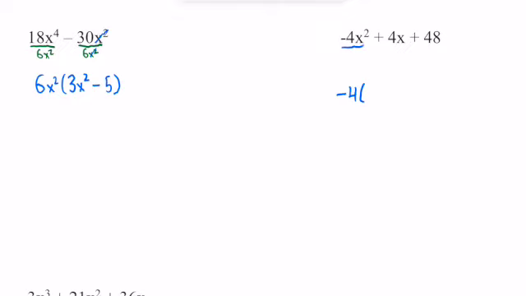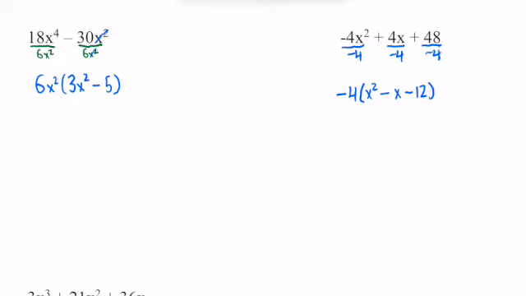So to see what remains when we factor out a negative 4, we divide all of our terms by negative 4. Negative 4x squared divided by negative 4 is x squared. 4x divided by negative 4, we have a minus 1x. 48 divided by negative 4, we have minus 12.